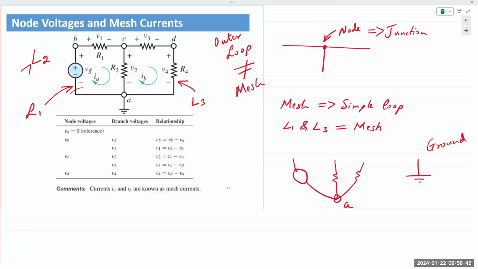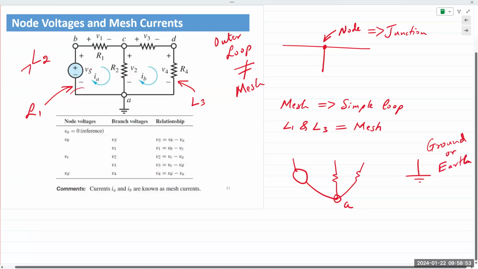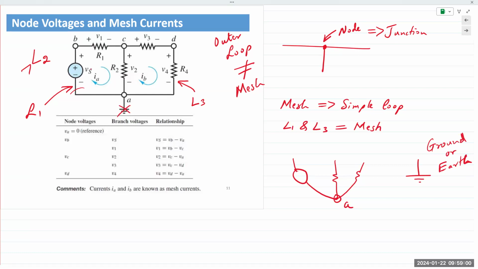It's to pass off any of the excess current that might be coming through. So again, we won't bother with it too much. This is known as ground or earth. Even if this was not there, it does not change the circuit or affect our analysis.